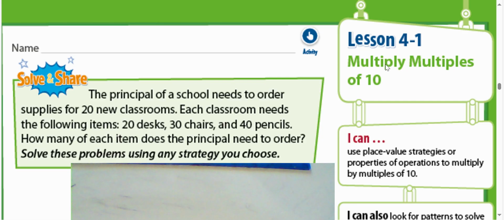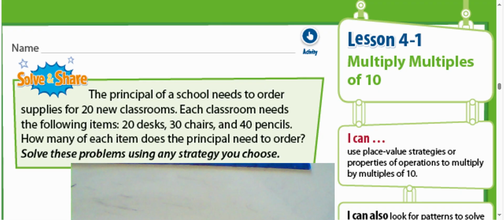The principal of a school needs to order supplies for 20 new classrooms. Each classroom needs the following items: 20 desks, 30 chairs, and 40 pencils. How many of each item does the principal need to order? Solve the problem using any strategy you choose.